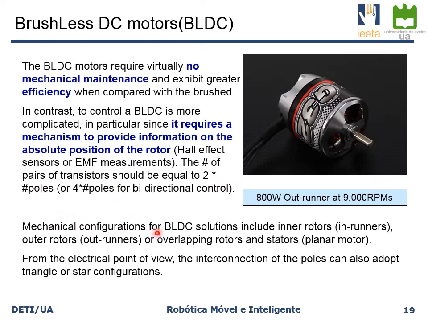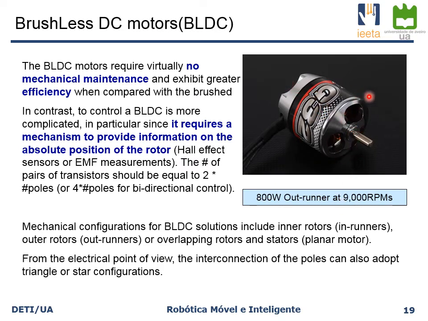Mechanical configurations of BLDC solutions include both inner rotors, which is the one that we saw before, where the rotating part is the inside of the motor and on the outside are the coils. But there are also outrunners, which is the case of this image here, in which the rotating part is on the outside of the motor and the fixed mechanical part is on the inside.